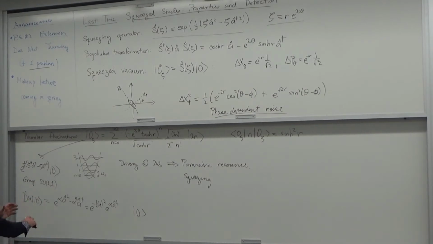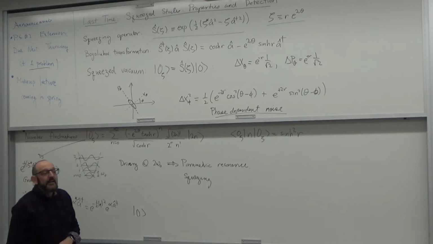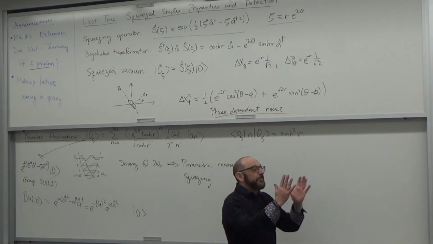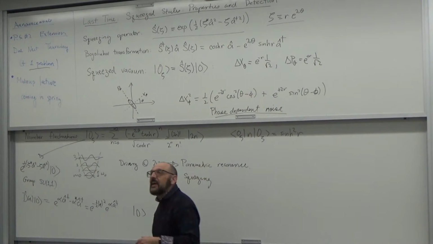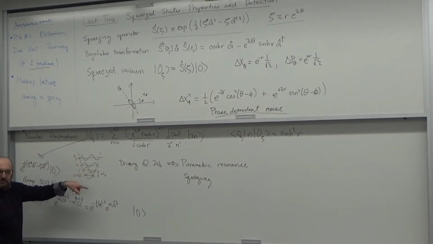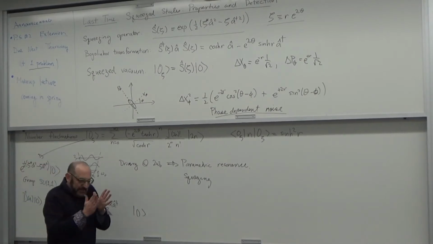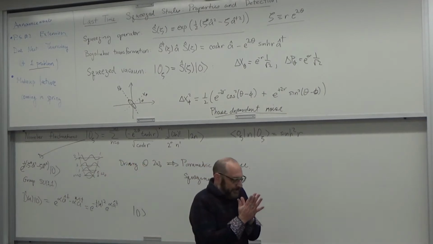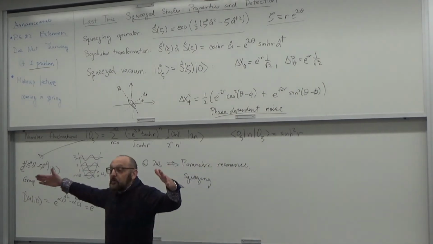So if we were to change the spring constant of this well periodically with a frequency that's equal to twice the resonance frequency, we would drive parametric resonance. And this thing would become a breathing wave packet, getting narrower and narrower, and wider and wider.